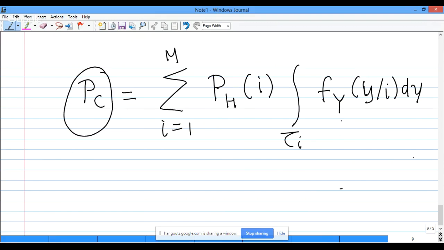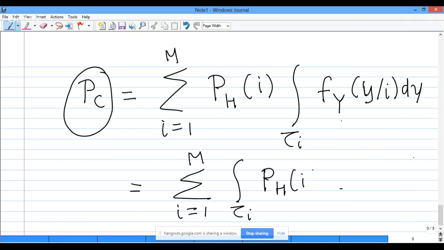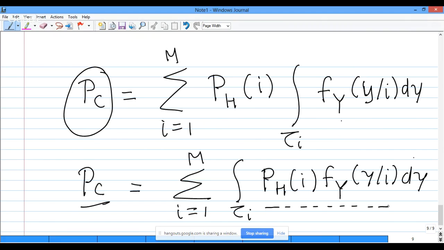Now, by using Fubini's theorem, I know that I can always change the way I do my integration, and this is this. What I wanted to do is maximize the probability of being correct, which can be maximized when I maximize this quantity.